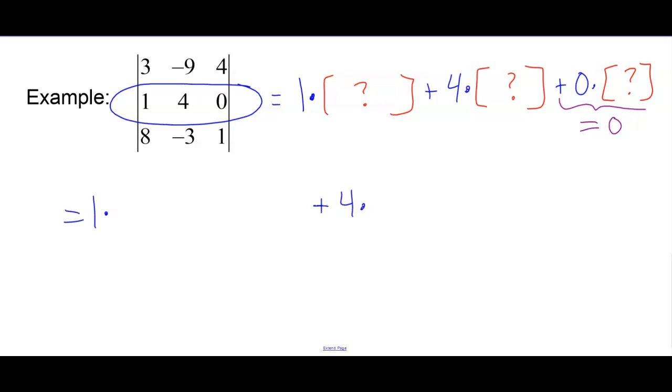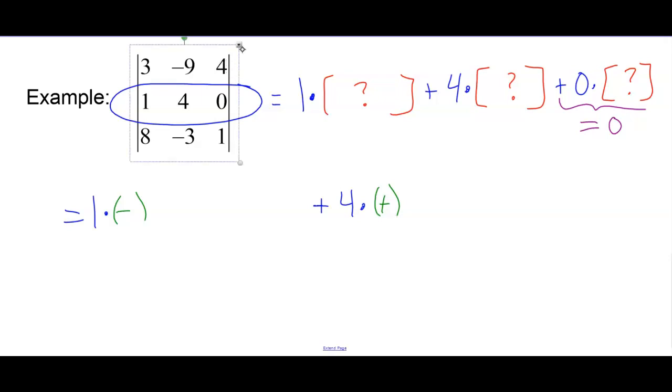Okay, well, first of all, there's the plus-minus pattern. The 3 is in a positive location, the 1 is in a negative location, and the 4 is in a positive location. So I've got a negative sign here, a positive sign here, and then the actual cofactors.